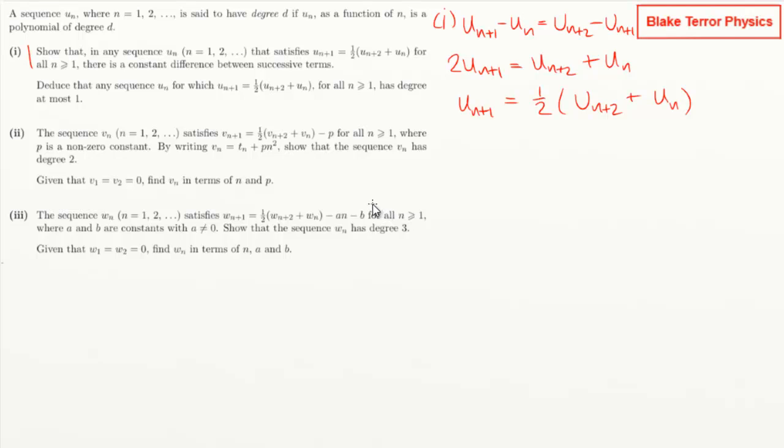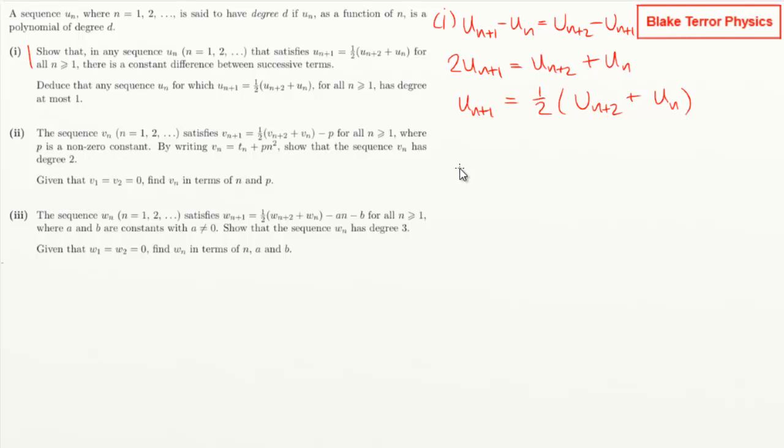Now we have to deduce that any sequence un for which that is the case has degree at most 1. Right, so we need to get some n's into this now. So this is an arithmetic sequence. We need to get n's into what we're calculating, otherwise we can't get this polynomial.